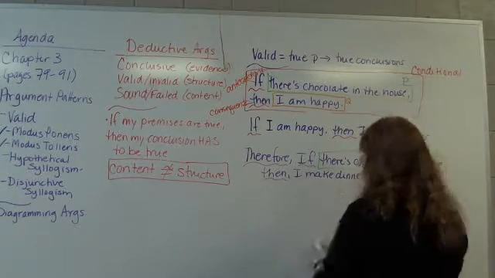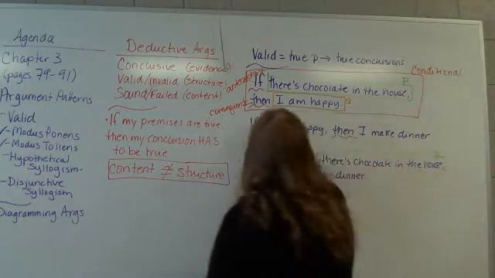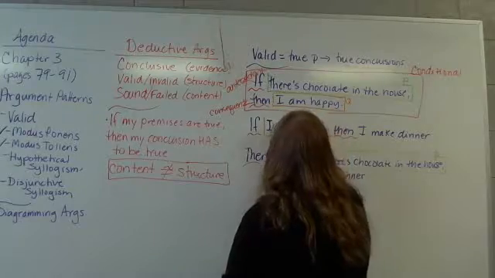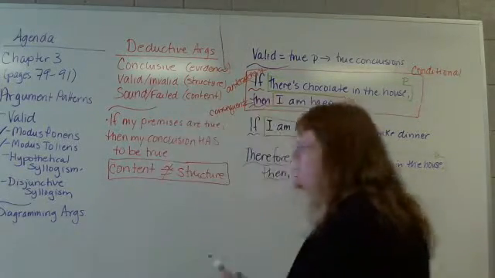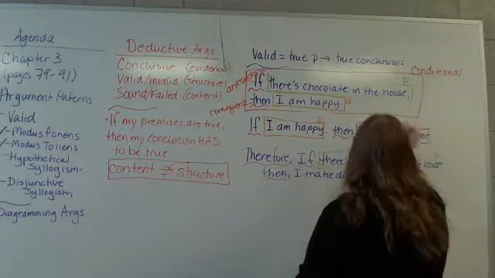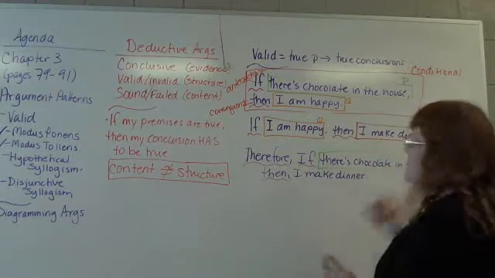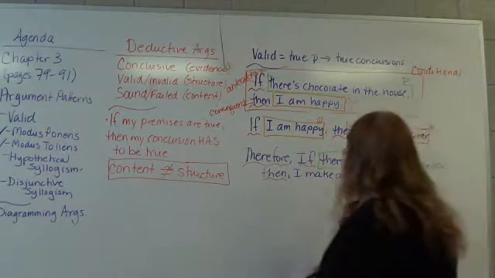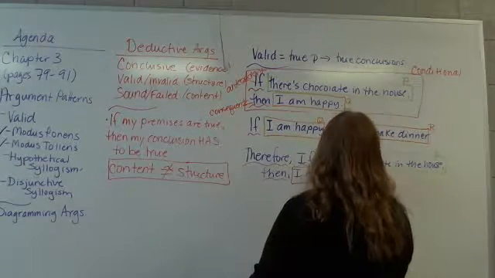That's a P. I'm happy is my Q. Label him up. And now I have 2 other pieces. I make dinner. Hopefully that's enough different from the pink, you can see that. R, because we're going P, Q, R. At least we know our alphabet a little bit. I make dinner is my R.